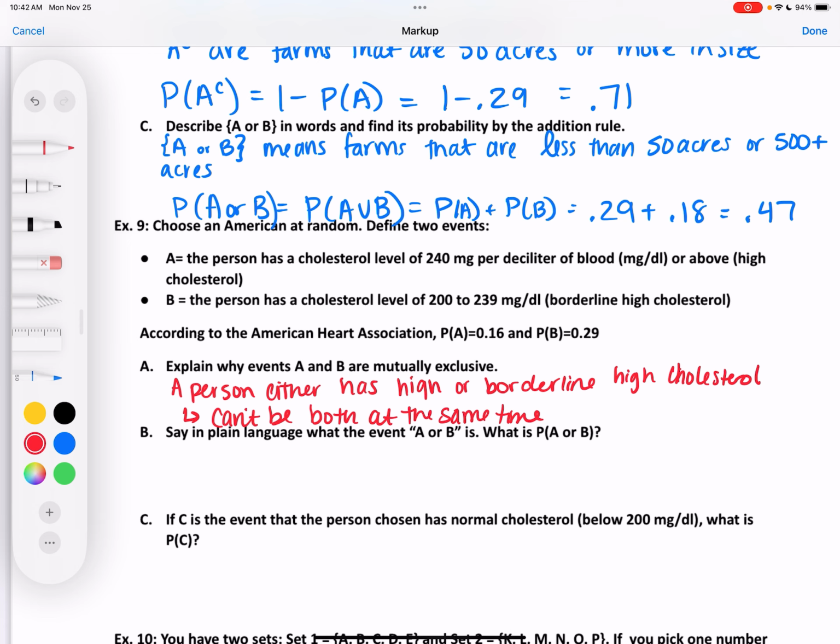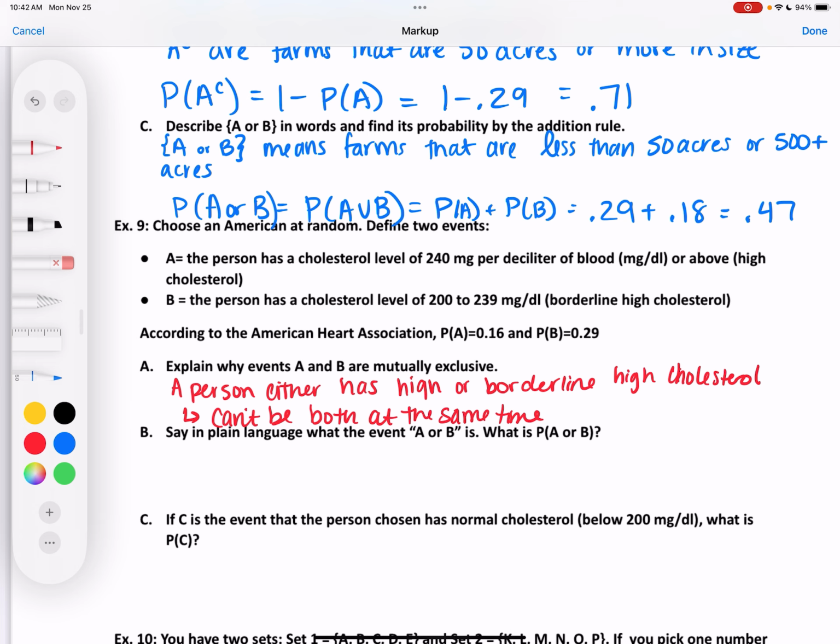All right, this is a little bit of a weird way to word this question, but say in plain language what the event A or B is and what is the probability of A or B. So essentially just in words explain what A or B is. So A is high cholesterol people? Yeah.